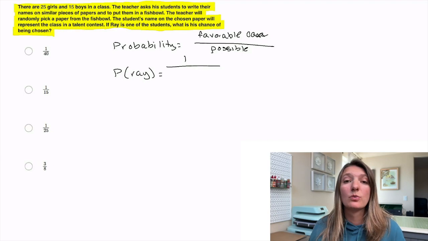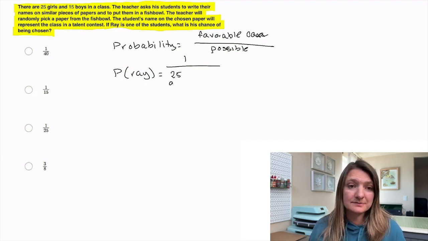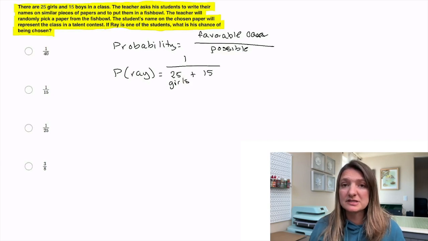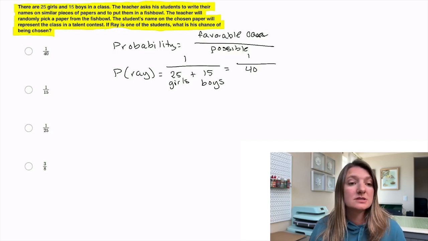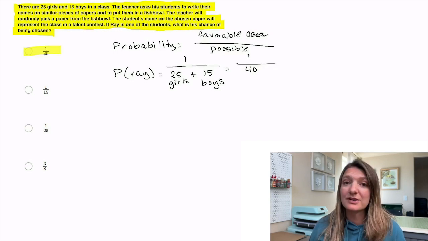He is only one student, and we have 25 girls and 15 boys. We are assuming, since they are similar pieces of paper, that they have equal chances, so we're going to add those two numbers together. So the possibility of Ray being chosen will be 1 out of 40 students in the class, which is our option A, 1 out of 40.